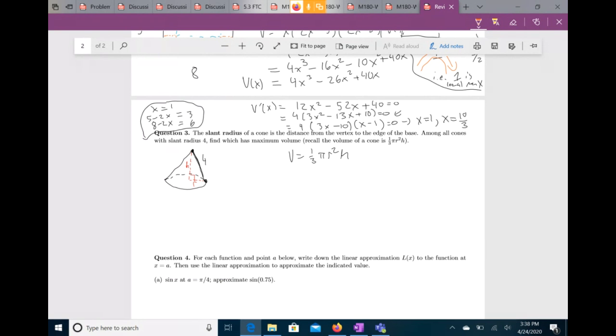The Pythagorean theorem says that H squared plus R squared equals 4 squared. All right, so I would probably solve for R squared, since there's already an R squared term in the volume function. So R squared equals 16 minus H squared.